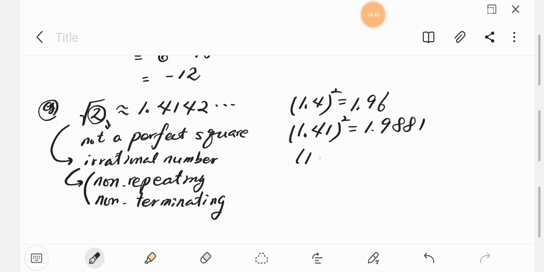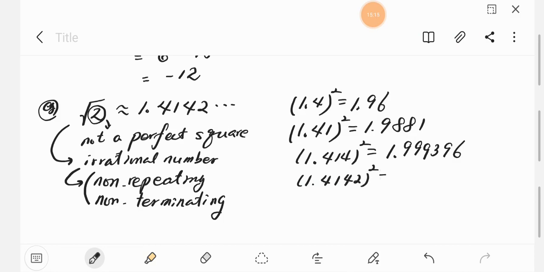And let's square up to the nearest thousandth. 1.414 squared. When you use the calculator, it looks like 1.999396, right? Okay, let's try one more time, the ten-thousandth. 1.4142 squared.